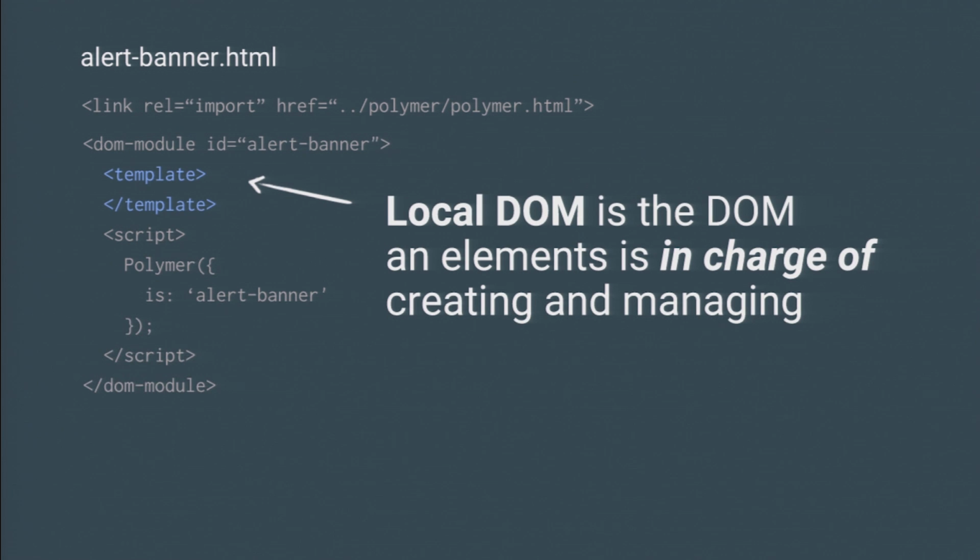Inside that template, you have the ability to specify what the local DOM for your web component will be. This is DOM that is specific to your own custom element, and you manage it as part of the element. You have control over what gets inserted in there, how it's displayed, and how it's styled.